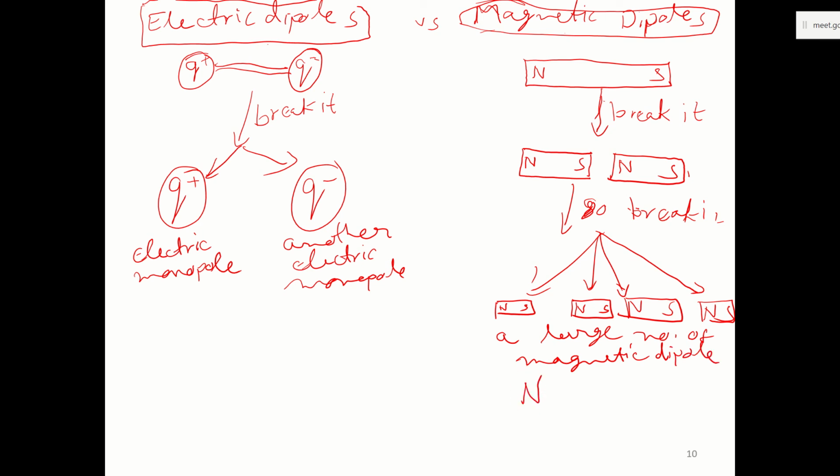This happens down to the tiniest of particles, you go down to an electron. What I am trying to say is, large number of magnetic dipoles, no monopole is formed. It will always be a magnetic dipole. Magnetic monopoles do not exist, practically not.